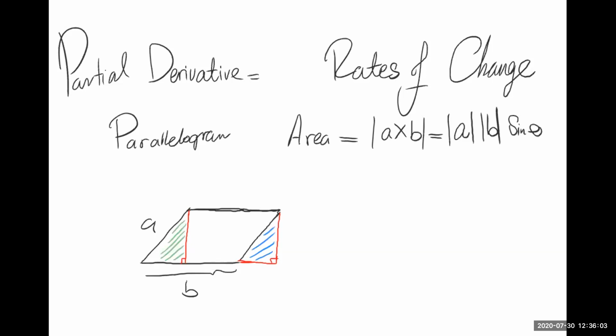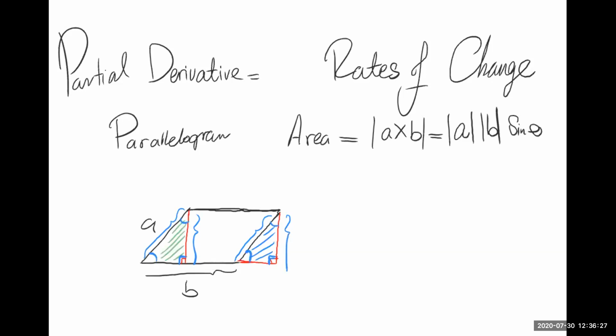Actually, these two triangles are equivalent, right? Is it clear? They have the same area because these two sides are the same, these two sides are the same, and these right angles are the same. Also, this angle is equal to this angle, and this angle is equal to this angle.